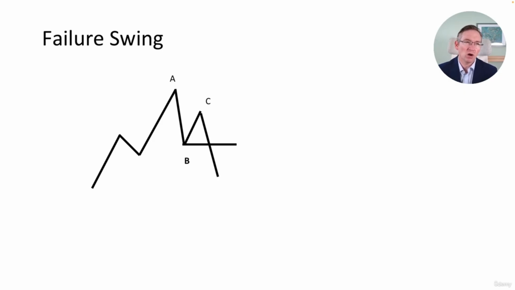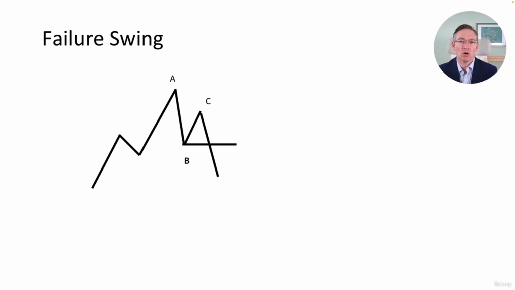Now in real world market dynamics, this is a really clean example of a failure swing, but sometimes you'll get a test of B and it won't quite close underneath. So if you're using these failure swings, look for a close on a daily level. And sometimes there'll be a big support level, it's a false break, and then it carries up.